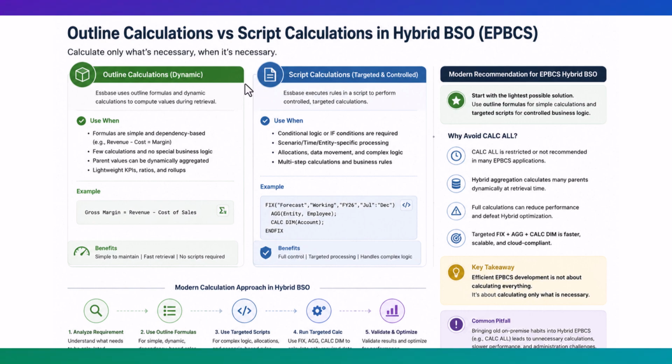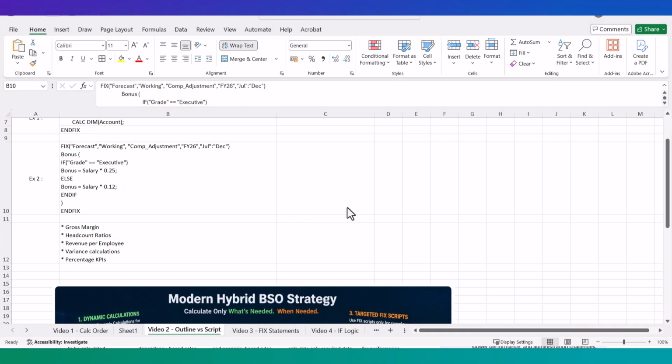Let's go through another example. We need to calculate a bonus only for the forecast scenario after HR uploads the compensation assumptions. As mentioned, we need to calculate for the forecast months. So we have specified forecast and which version it belongs to, that is forecast, working, and we need to calculate component adjustment for FY26 and for the forecast months.